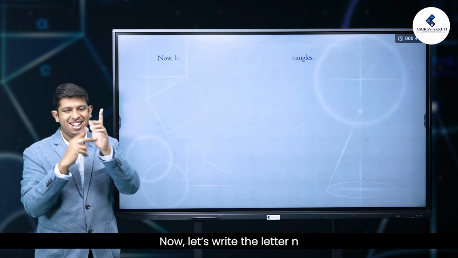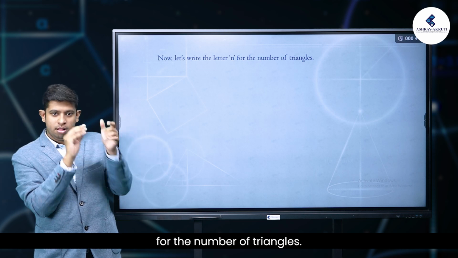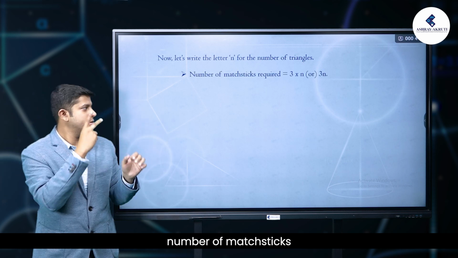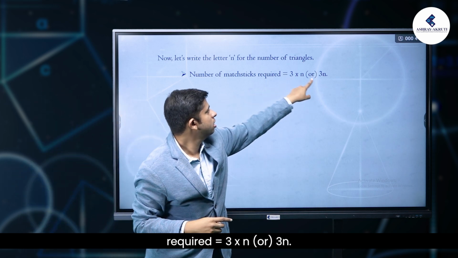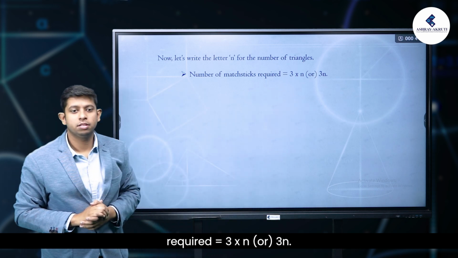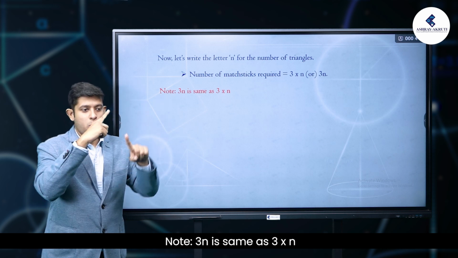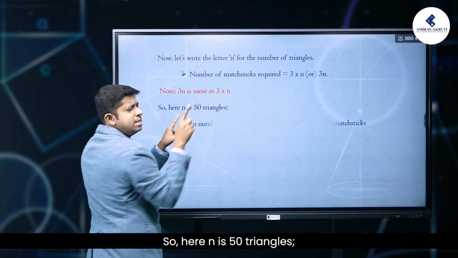Now let's write the letter N for the number of triangles. Then we can write number of matchsticks required is equal to 3 into N or 3N. Note, 3N is same as 3 into N. So here N is 50 triangles.